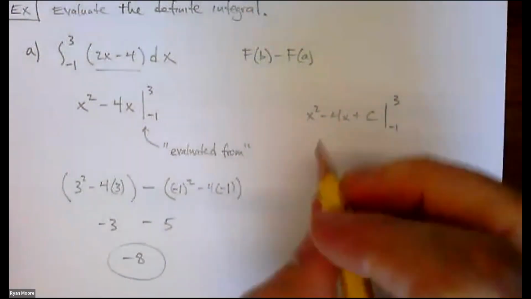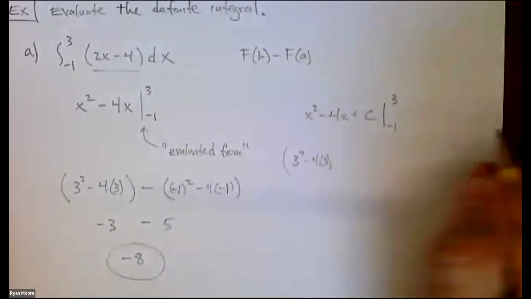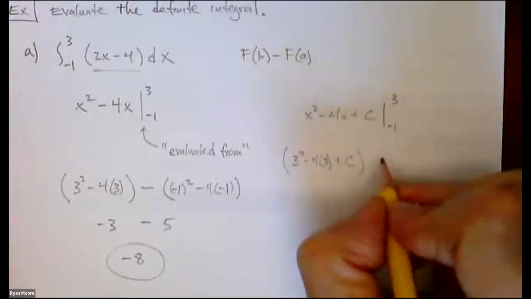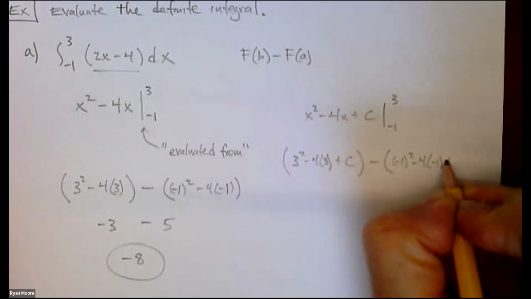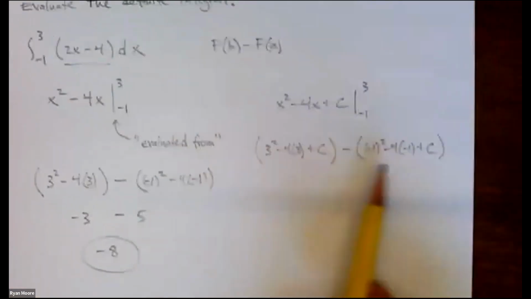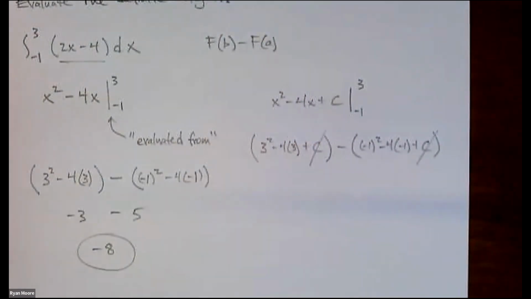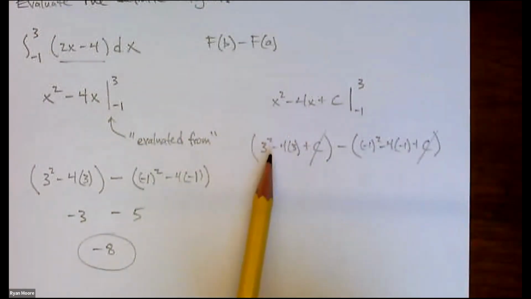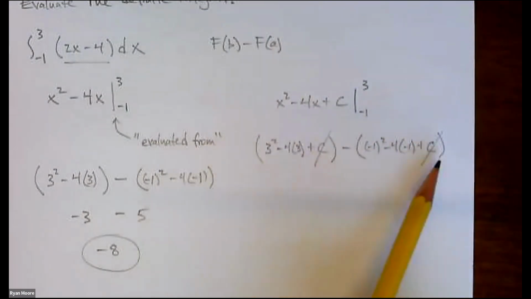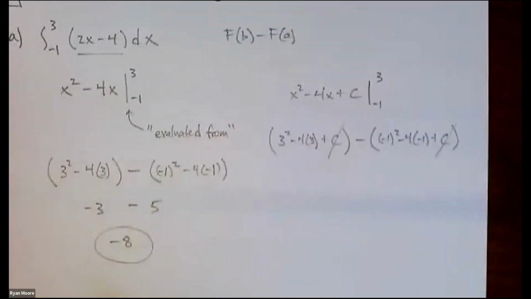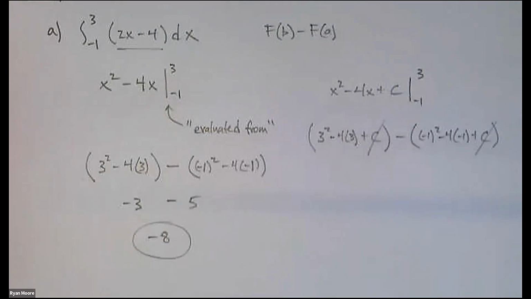When you plug the numbers in, 3 squared minus 4 times 3 plus C minus -1 squared minus 4 times -1 plus C. What would happen when you subtract? The C's would cancel each other out. That would happen every time. So for that reason, don't put the plus C because we're just going to plug these numbers in and subtract anyway. We don't need it.